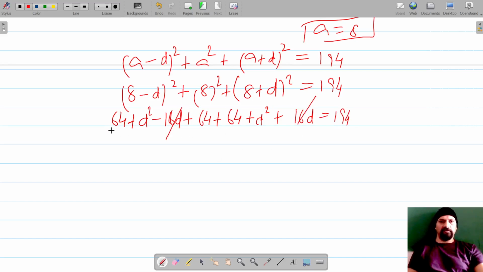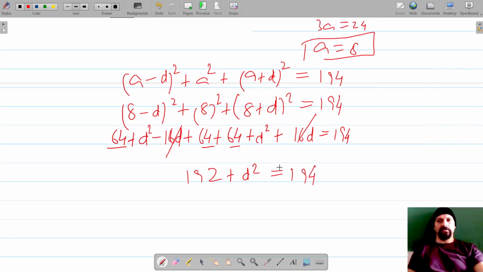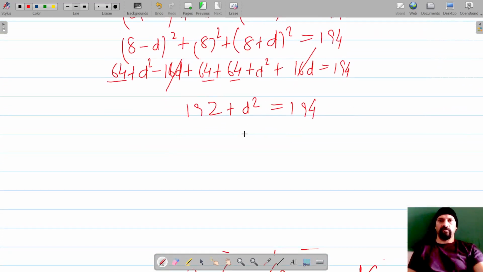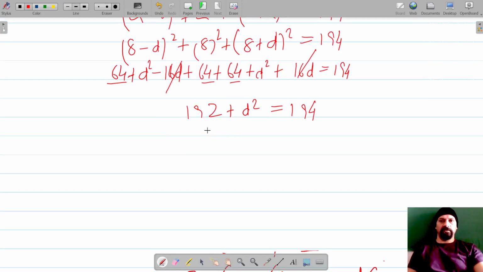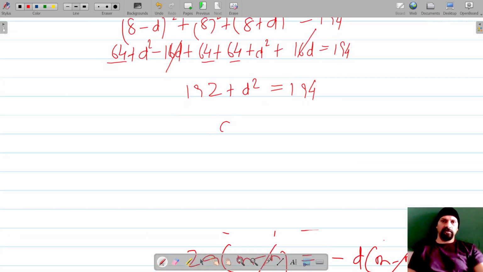So this gives me 2d square is equal to 194 minus 192.